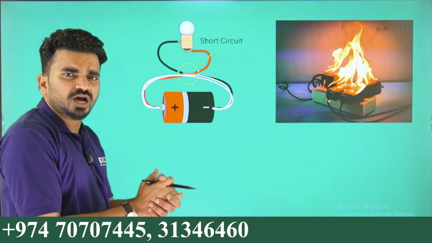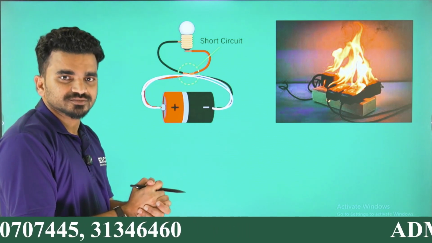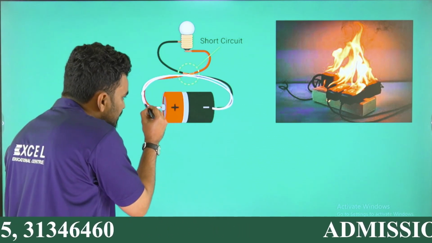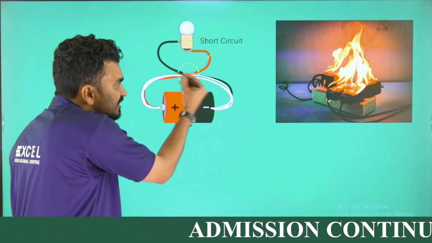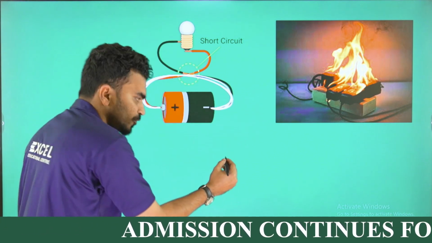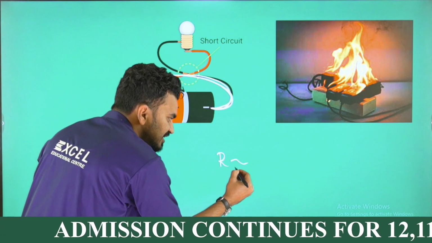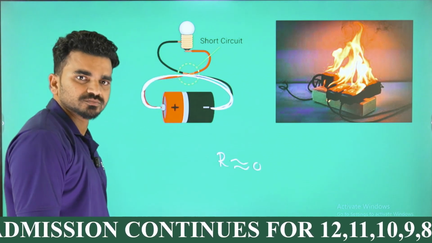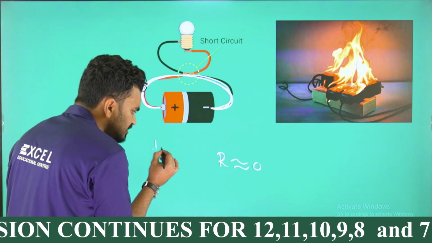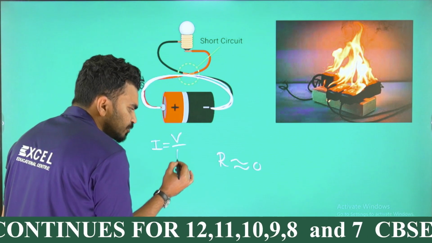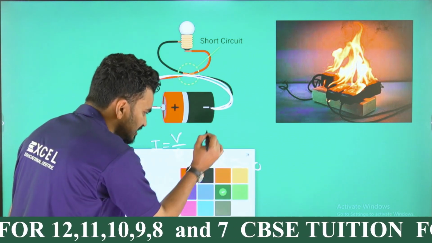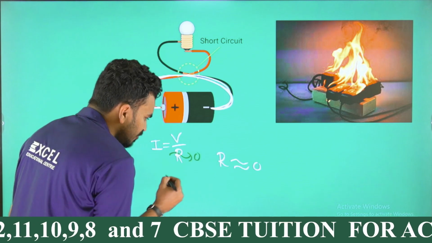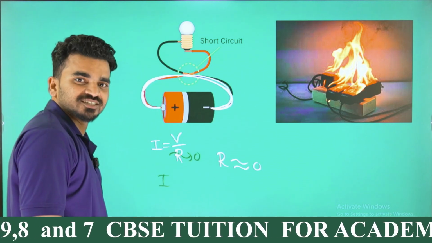Okay sir, then how is it creating fire? Look now, if current is going through this path, do you see any resistance in this path? No, resistance is nearly zero. When resistance is nearly zero, what will be the current?